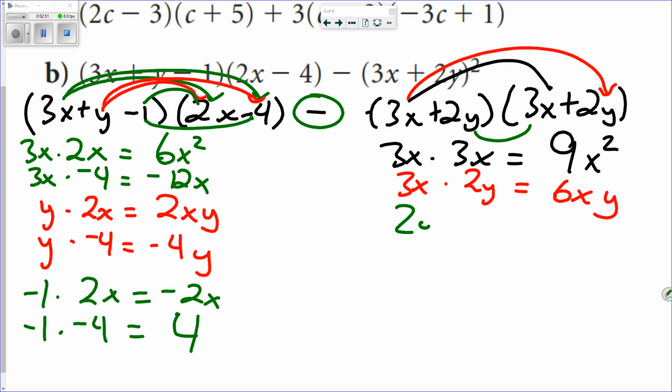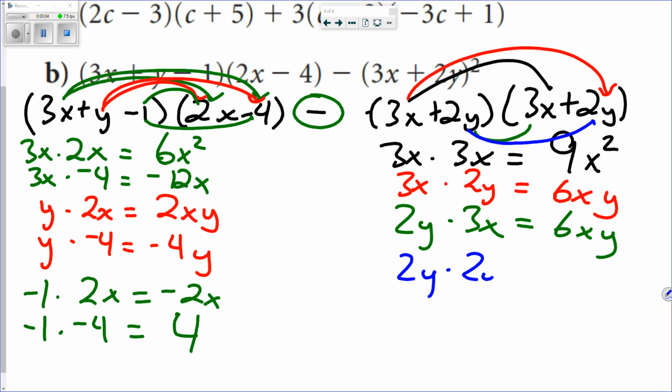Inside, 2y times 3x is 6xy. And finally, 2y times 2y is 4y squared. So we have expanded the second part.